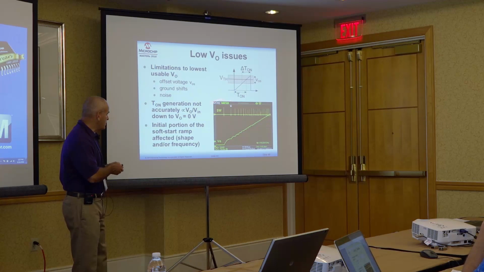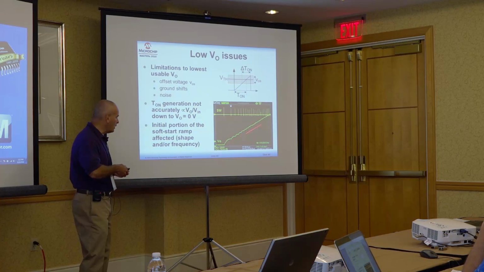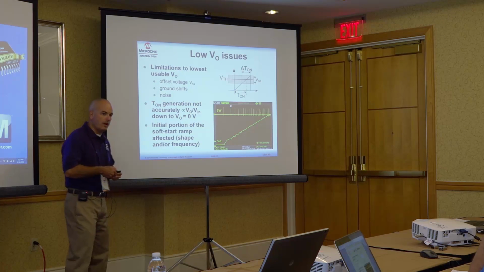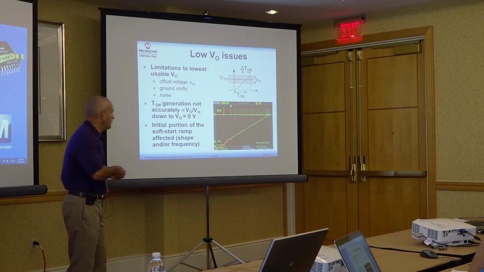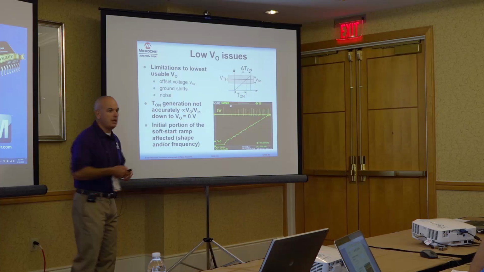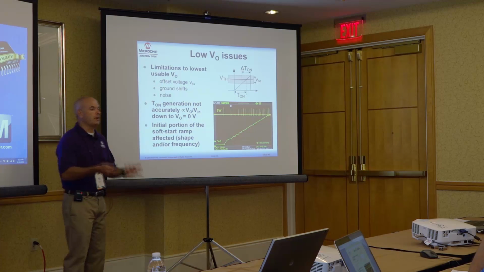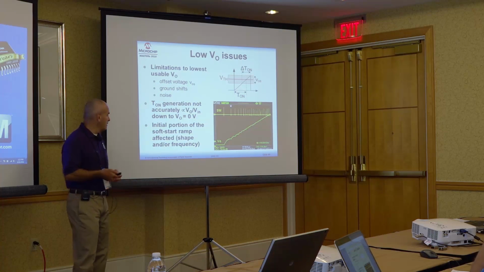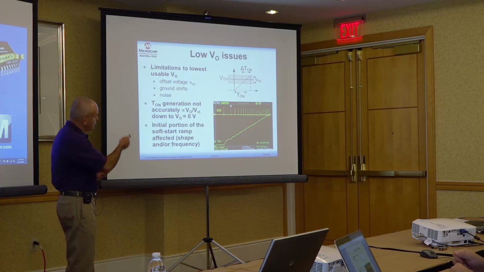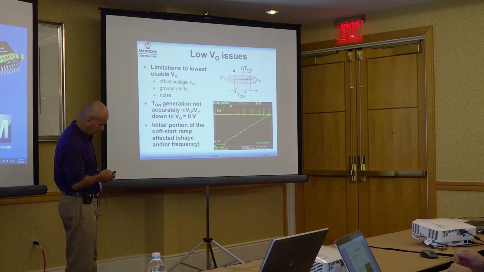The on-time is generated, the regulator attempts to follow the reference, but neither the shape nor the frequency are what you expect in steady state. That's the limitation you have at low output voltages.